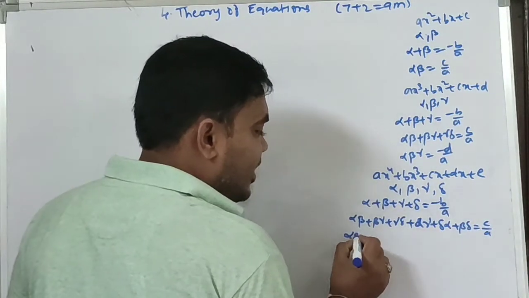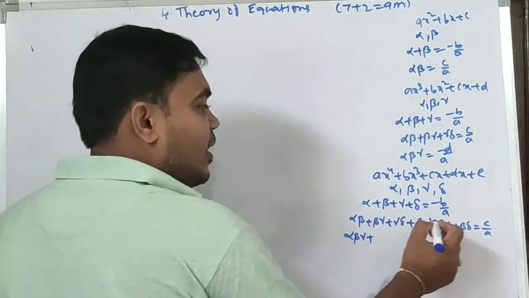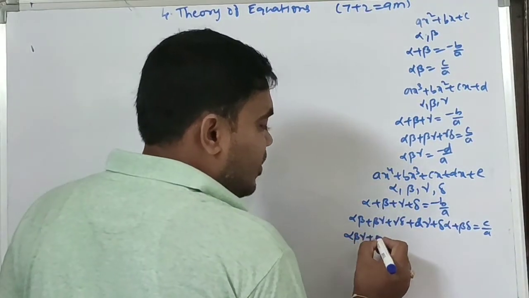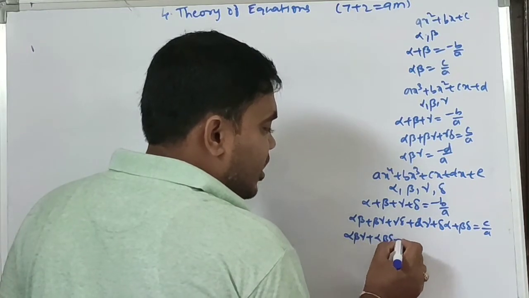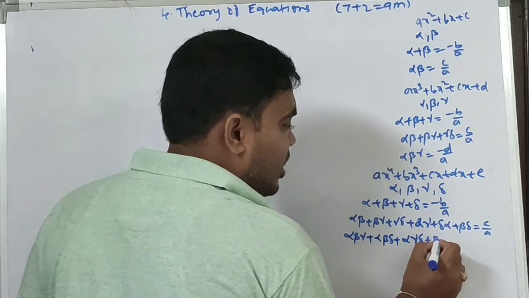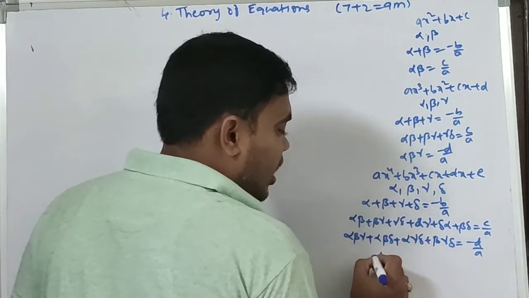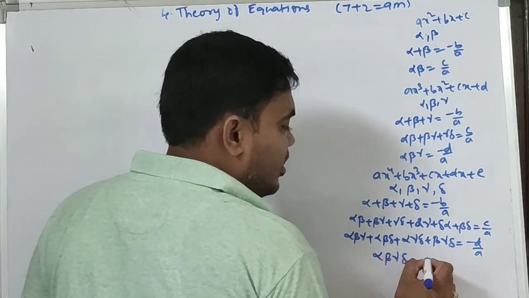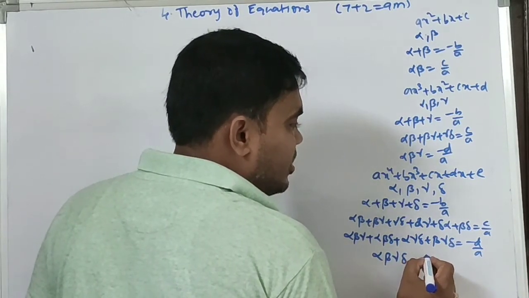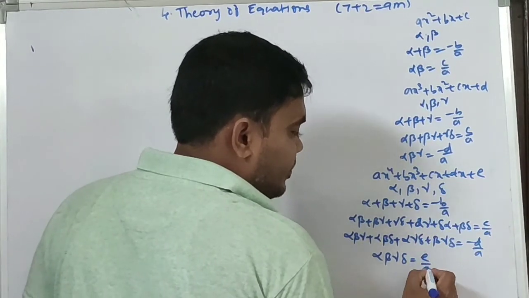Next, the sum of products of three roots, while the previous one was the sum of products of two roots: alpha beta gamma, alpha beta delta, alpha gamma delta, plus beta gamma delta, equal to minus d by a. Next, alpha beta gamma delta, the product of roots, equal to e by a.